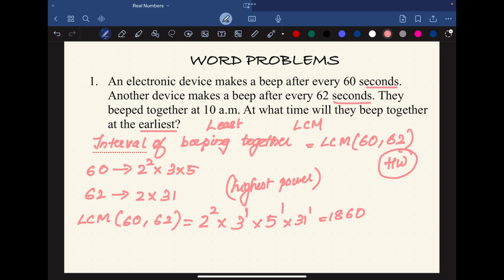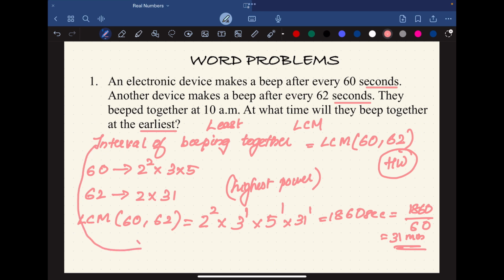And you can see that this is given in seconds, right? So the answer we got is also in seconds. So this many seconds will be converted into minutes. So 1860 by 60 is equal to 31 minutes. Is that clear? So when will it be together?